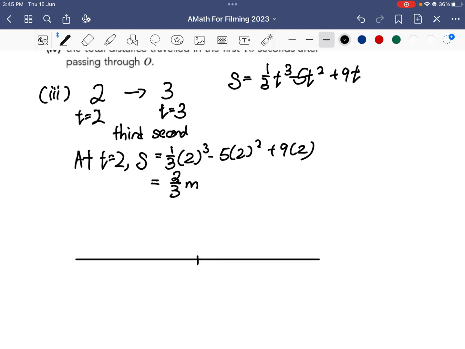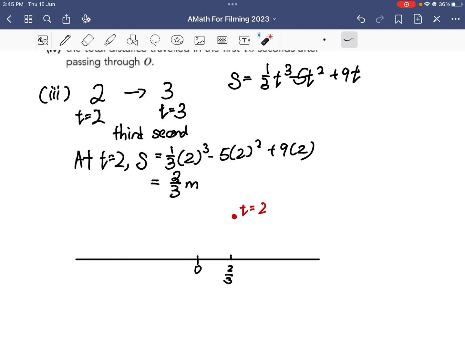Now, that means at t equals 2, this is 0, and let's imagine that 2/3 is maybe somewhere here. The particle at t equals 2 is 2/3 meters away from the initial starting point O, like that.